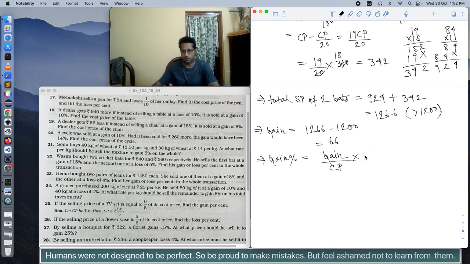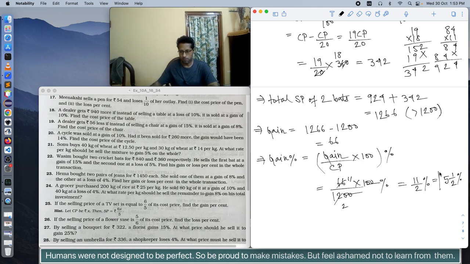So gain is 66 and the cost price is 1200. The 0s cancel out, and 6 2s are 12, 6 11s are 66, so this is 11 by 2 percent, which is equal to 5.5 percent. So there was a gain of 5.5% in the whole transaction.